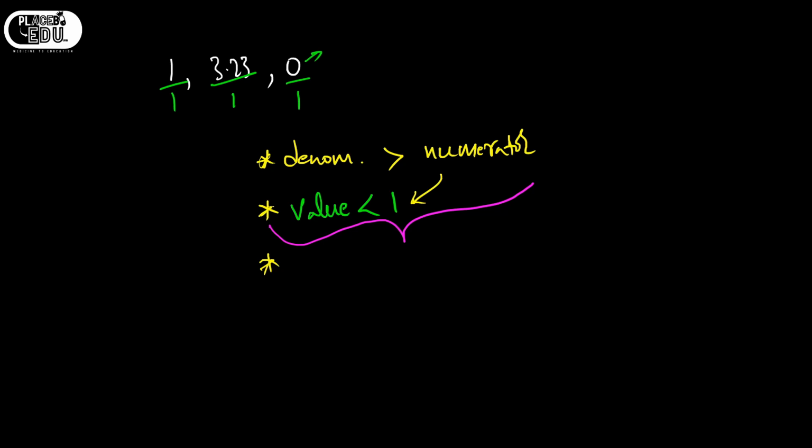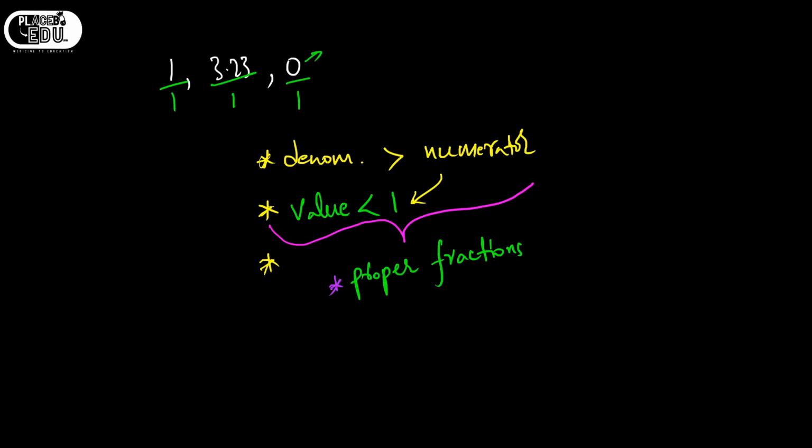Okay, then the fractions are known as proper fractions. This is the important conclusion you have to take. So the proper fractions have the property denominator greater than numerator, or the value is less than 1.